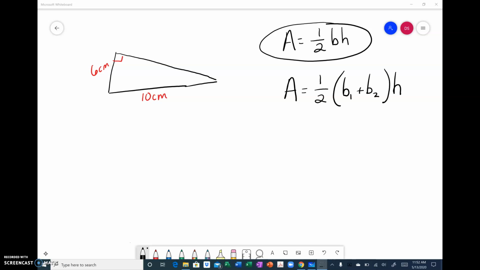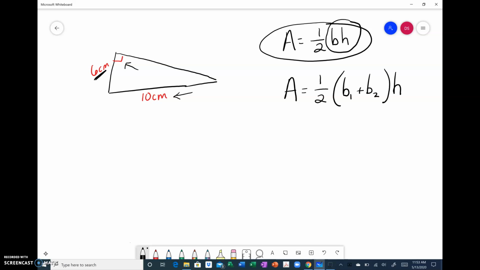The answer is no, because the formula for area of a triangle requires the base and the height, and you only have the base, okay? Right here, this is not the height. Why? Because it is not perpendicular to the base.